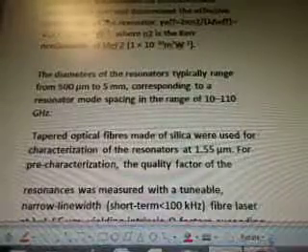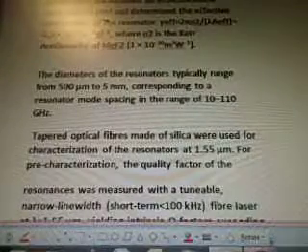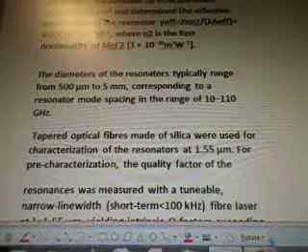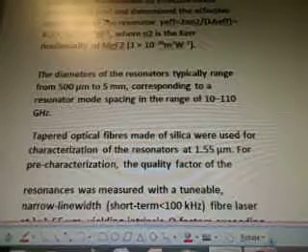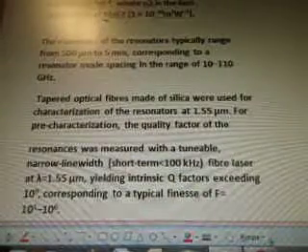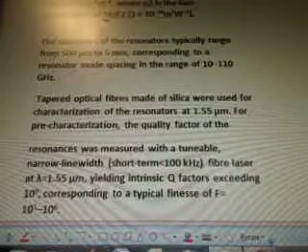So the diameters of the resonators typically range from 500 micrometers to 5 mm, corresponding to a resonator mode spacing in the range of 10 to 110 gigahertz. Tapered optical fibers made of silica were used for characterization of the resonators at 1.55 micrometers.